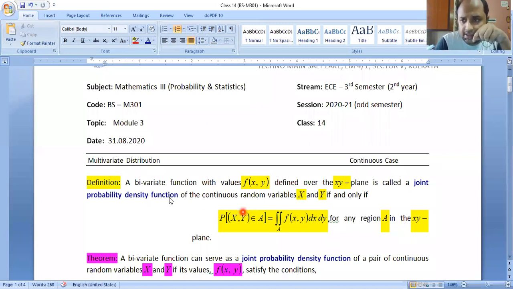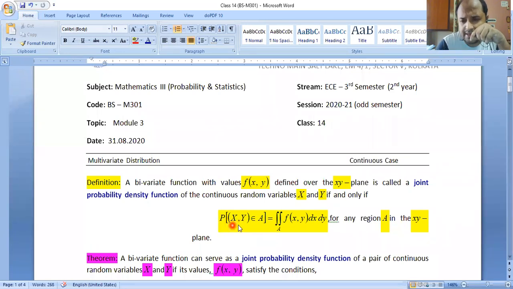Now, let us start. My first definition goes like this: a bivariate function with values f of x comma y defined over the xy plane is called a joint probability density function of the continuous random variables capital X and capital Y if and only if the following holds. Now you see what is written. These are very confusing notations, so whenever you write something or do calculations, be careful about the notations.